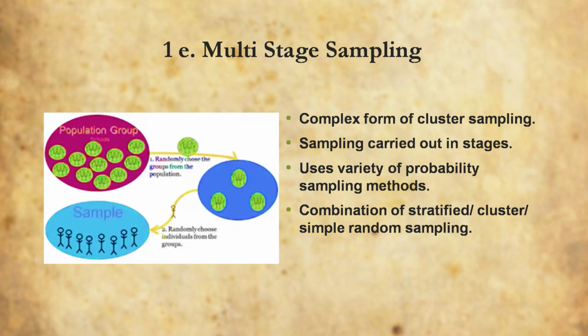Here the sampling is carried out in different stages and uses a variety of probability sampling methods. It is basically a combination of stratified, cluster and simple random sampling. For example, when we talk about the NFHS data, the NFHS data collection typically follows multi-stage random sampling.